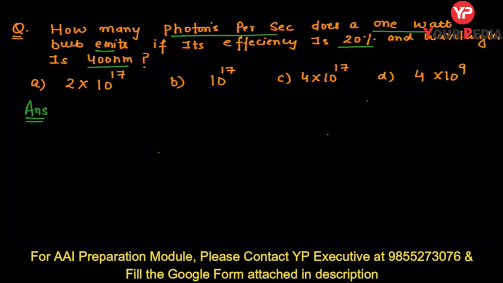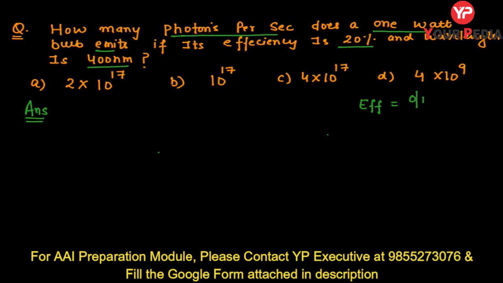But now it is 20% efficient. It means clearly first take the efficiency. I need to check how much energy per second it is emitting in the form of light. So out of 1 watt, 1 joule per second, only 20% per second it is emitting in the form of light.